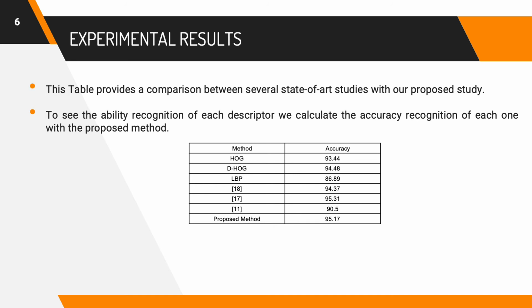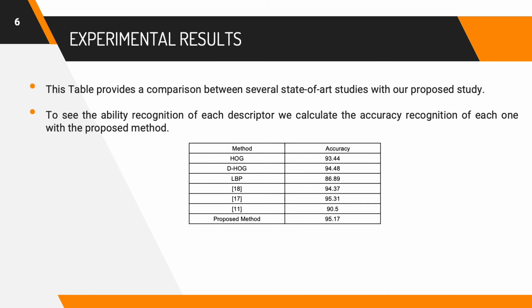This table provides a comparison between several state-of-the-art studies and our proposed study. To see the recognition ability of each descriptor, we calculate the accuracy of recognition of each one with the proposed method.